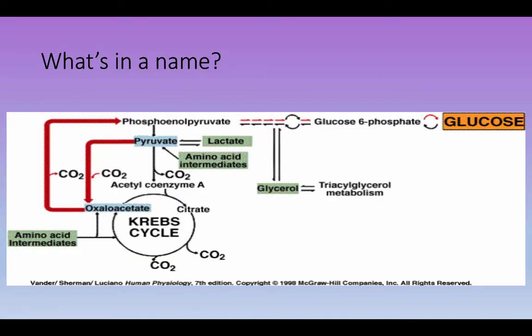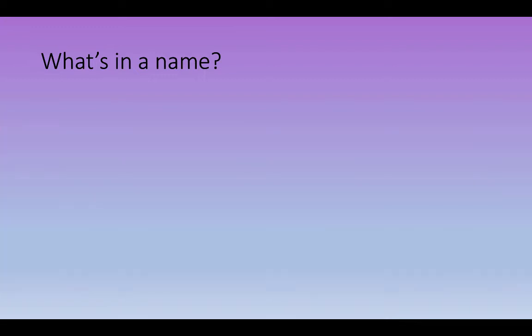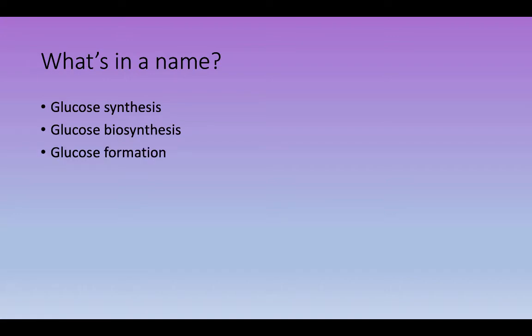So, if I'm looking at this set of reactions, of biological processes, and different components that are involved, what would I actually call this? There are a lot of things I could call this process by which I'm making glucose. I could call it glucose synthesis. I could call it glucose biosynthesis. I could call it glucose formation. I could call it glucose anabolism.